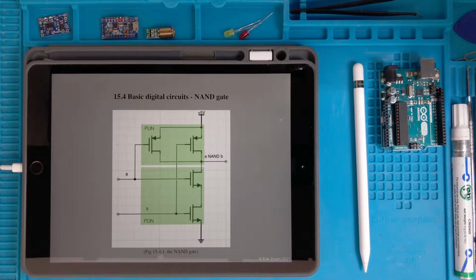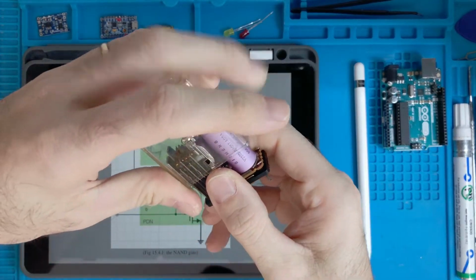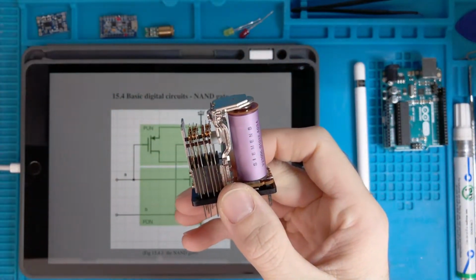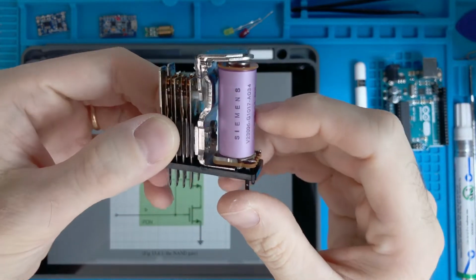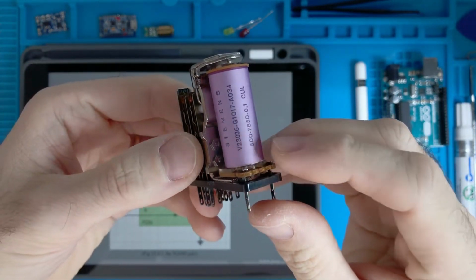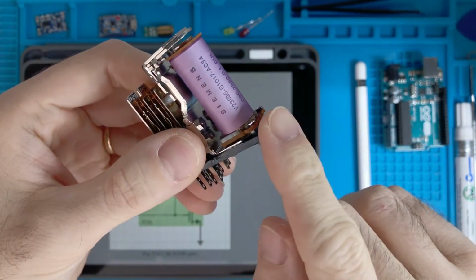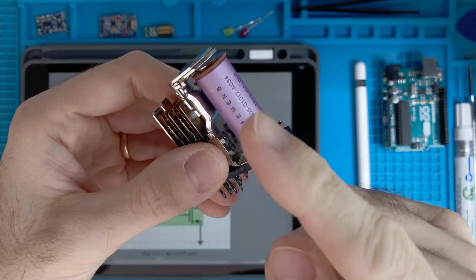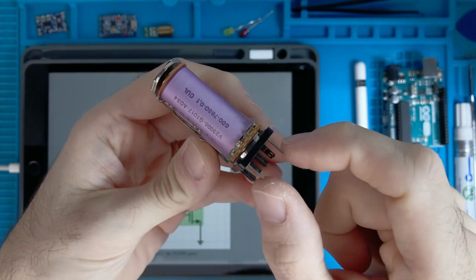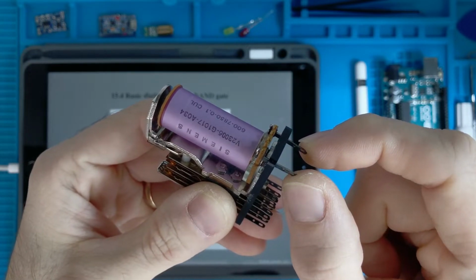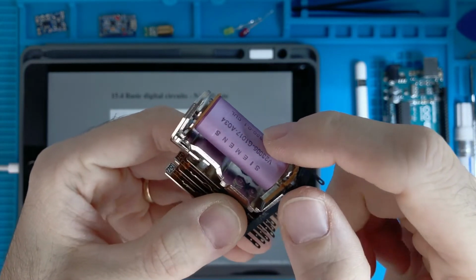So here what I have is not a transistor, it's a relay. This thing can be easily understood. It's a coil of wire, so the wire is an inductor. You power up the inductor by giving it electricity to these two connectors here.